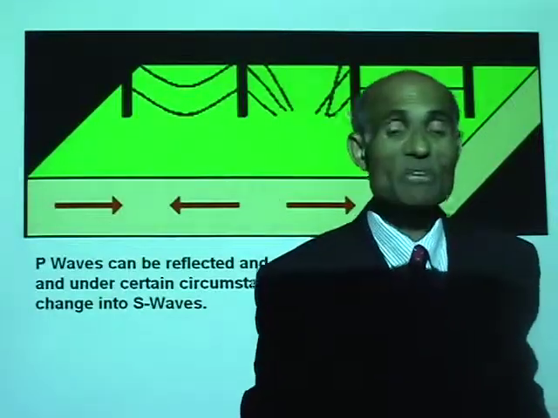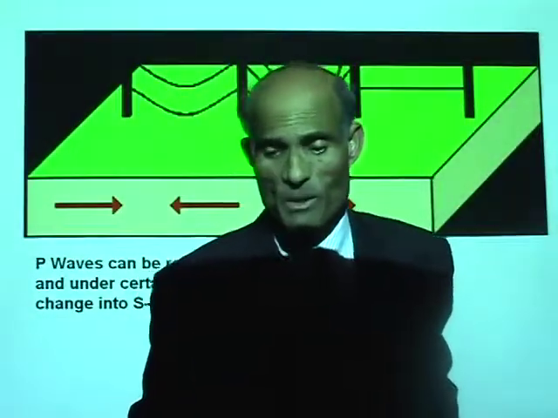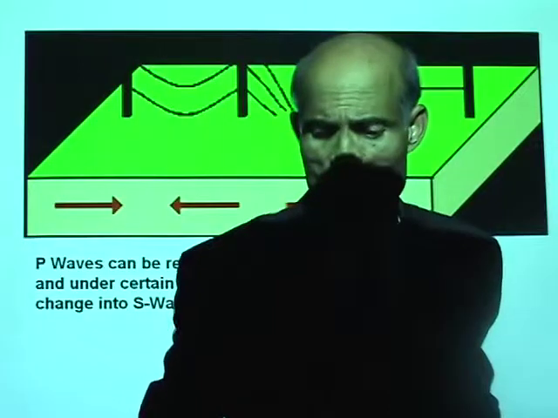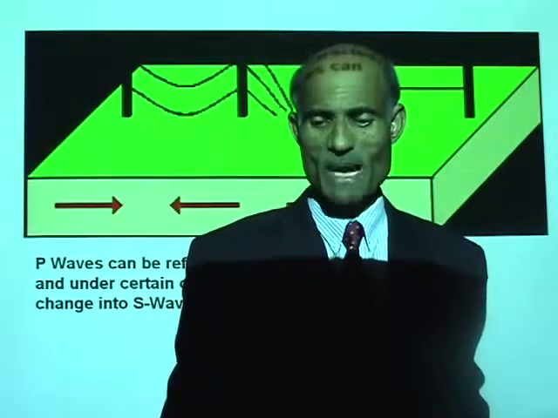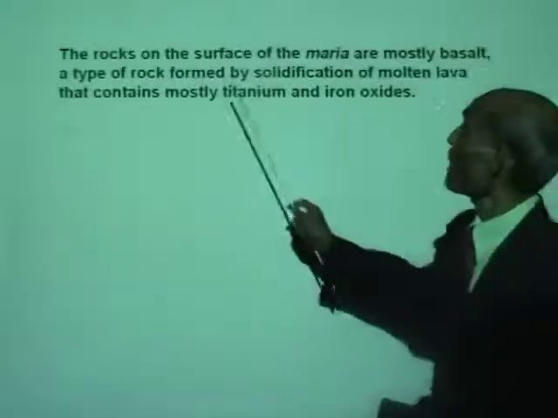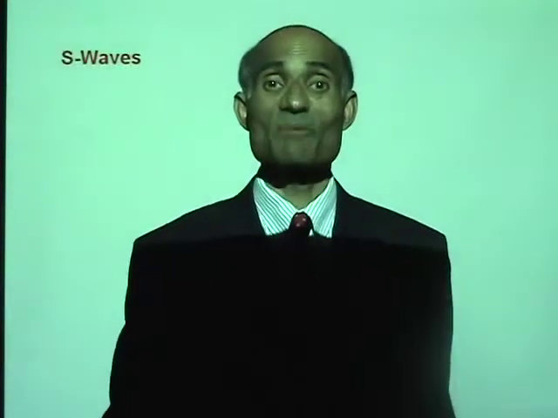Alright, we will look at the next type of wave. Anybody remember the second type of wave we talked about? The second type of earthquake waves are called the S waves. What is the difference between P waves and S waves?